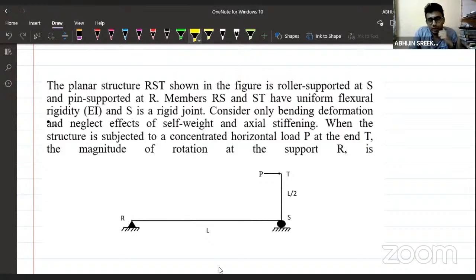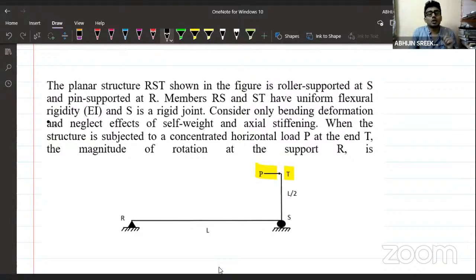What is it asking us to find? The question further says that when the structure is subjected to a concentrated horizontal load P at the end T, we have a horizontal load here at the end T, the magnitude of rotation at the support R. So indirectly, we have to understand that due to the horizontal load applied at the end T, there will be some rotation.